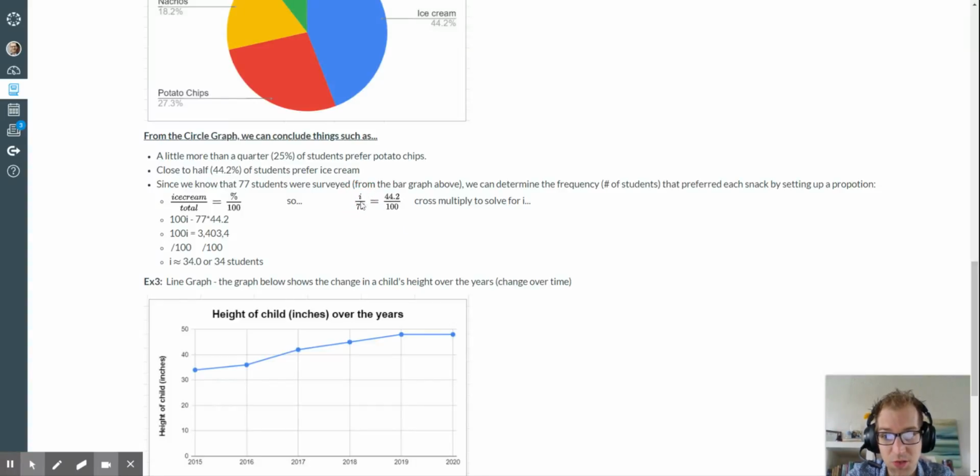So how many students over the total 77 is equal to, we know it's 44.2% out of 100. So kind of like we did with proportions, actually, with probability about 2 weeks ago, I think it was. You'd cross multiply and solve for the variable. In this case, it's I or X, doesn't really matter. You end up getting 34.034 students. So you can work backwards, figure out what that frequency actually was if you needed to.